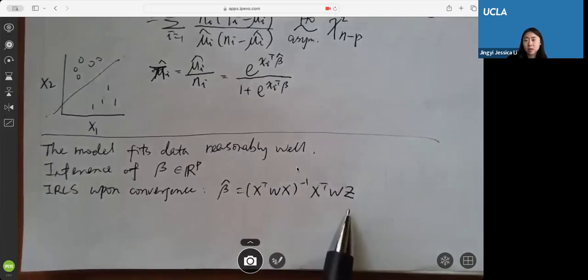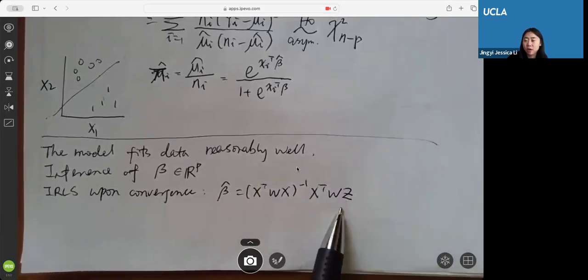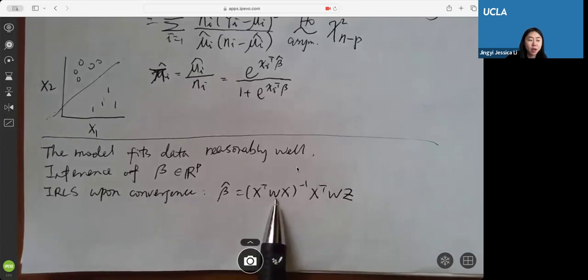It is from Z because Z is our transformed version of the response Y, and Y is the random variable. W is random. Actually, no, because W depends on the parameters.